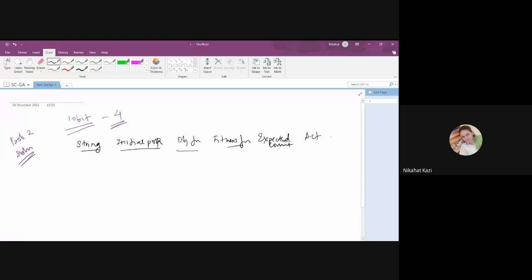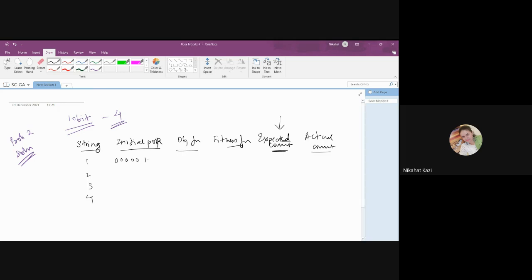The roulette wheel column is not required, because this expected count column actually gives you the actual count. So this is important for our calculation. String numbers 1, 2, 3, 4: four strings you generate randomly. So any 4 strings we will take of size 10.